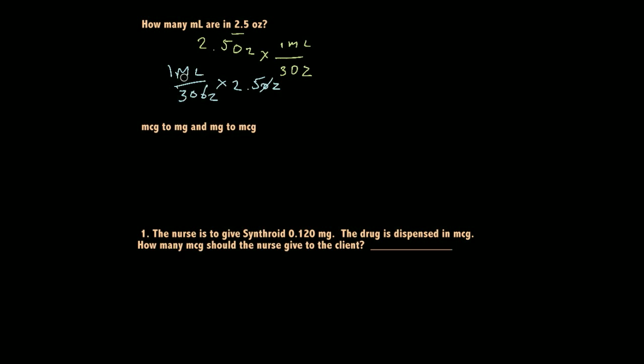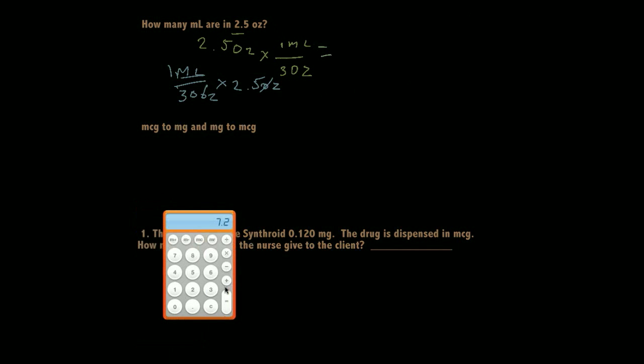Both are going to cancel out the ounces, leave you left with milliliters. Both are going to give you the right answer. So you go and plug this in and do it here.